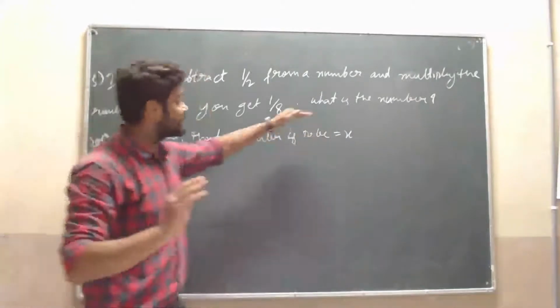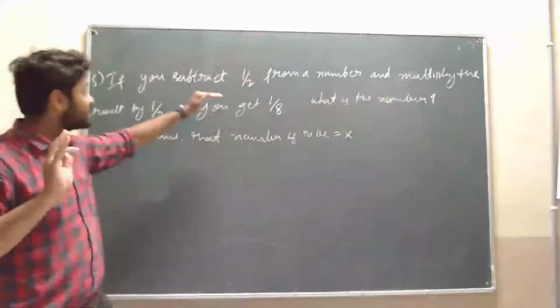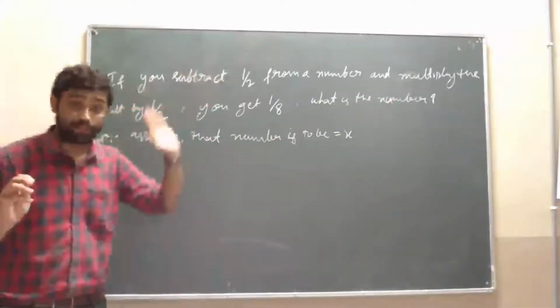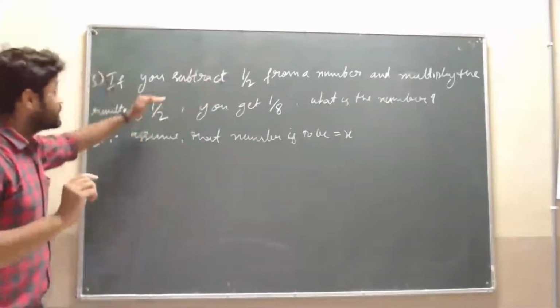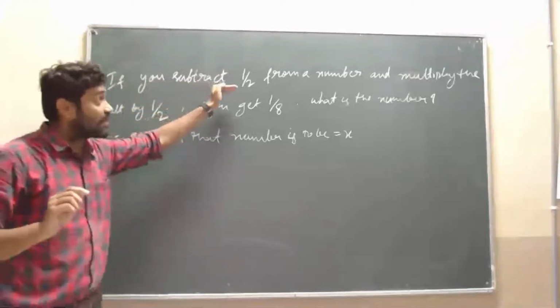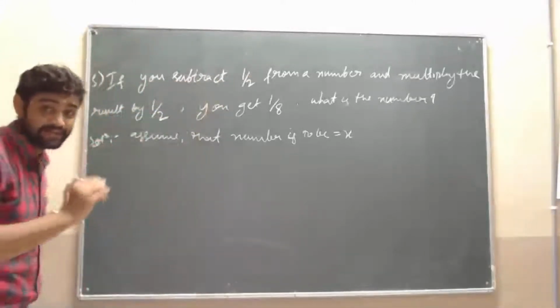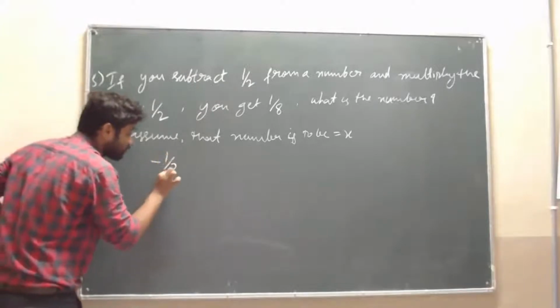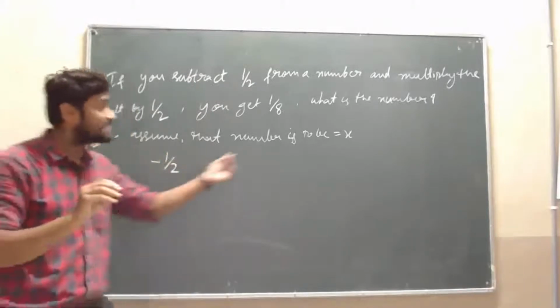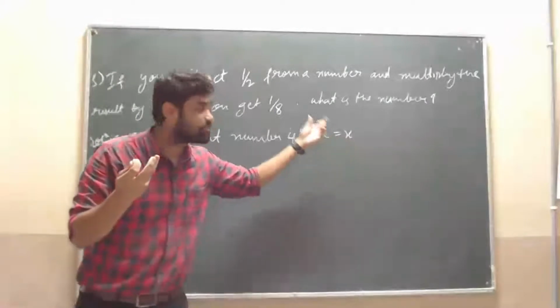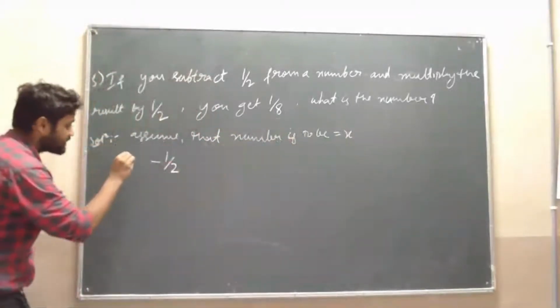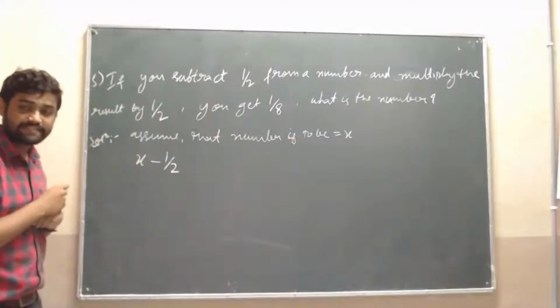Which number? If you subtract 1 by 2 from a number, which number? That is x. Because we have assumed that number is x. That number becomes x.